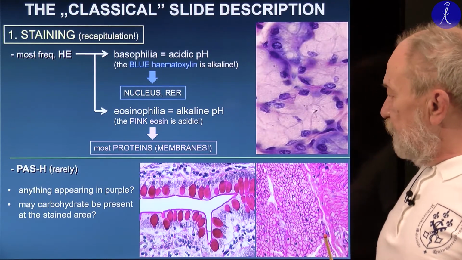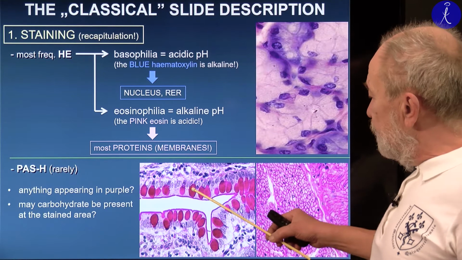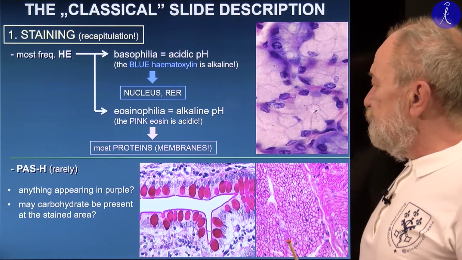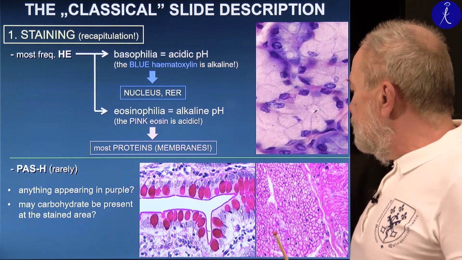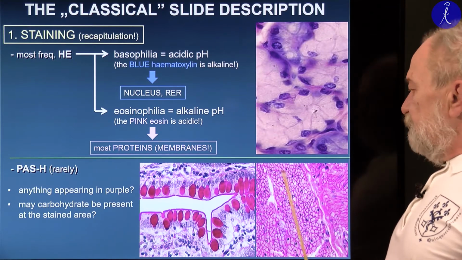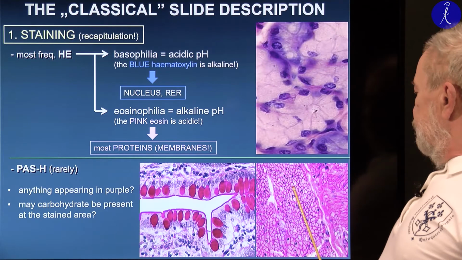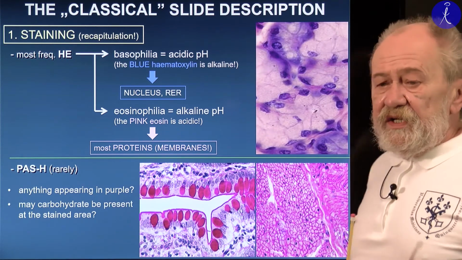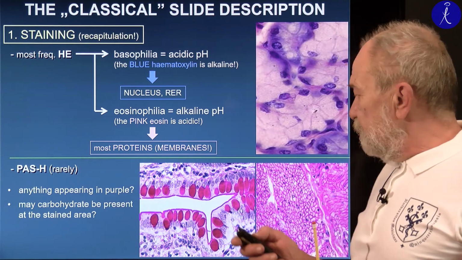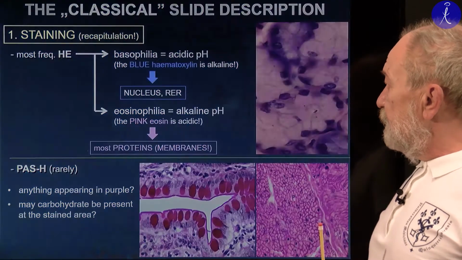Of course, talking about goblet cells, the content of the goblet cell is specifically PAS stained, and the other is the basement membrane, at least the carbohydrate component of the basement membrane. Here you can see the smooth muscle cells individually surrounded by quite strong basement membrane.